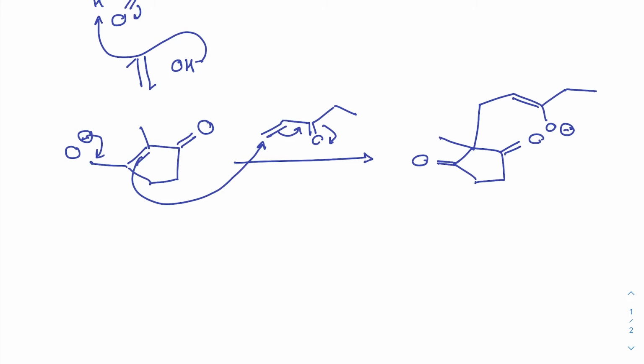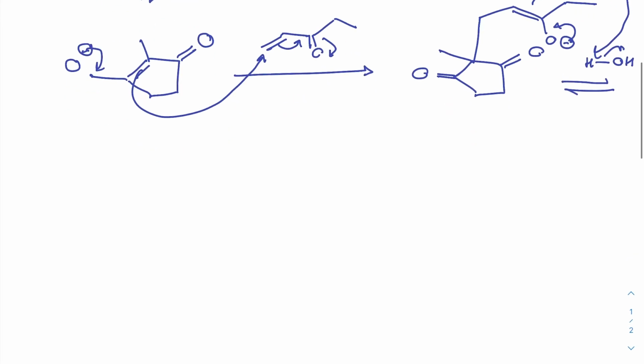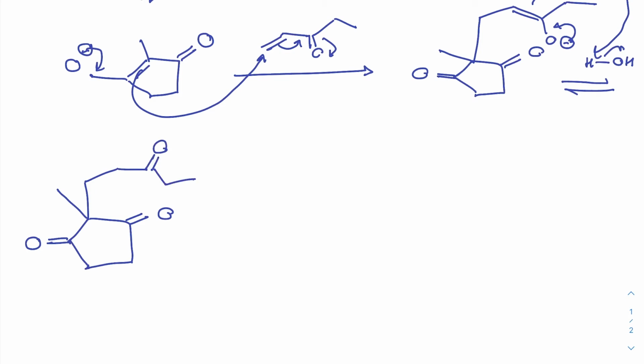And then once this abstracts a hydrogen from water, our Michael addition is done. Okay, let me draw that a little more neatly. So we have that. We have this methyl. We have this ketone right here. Alright, so this is the product of the Michael addition.